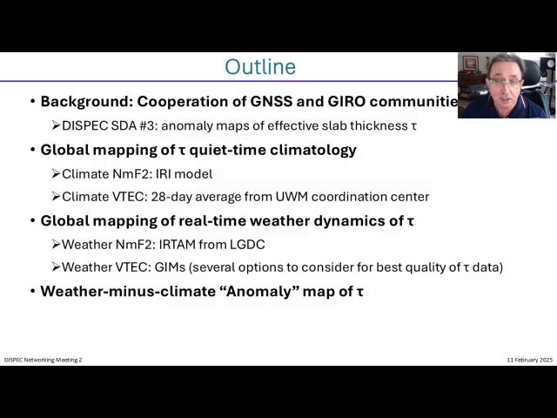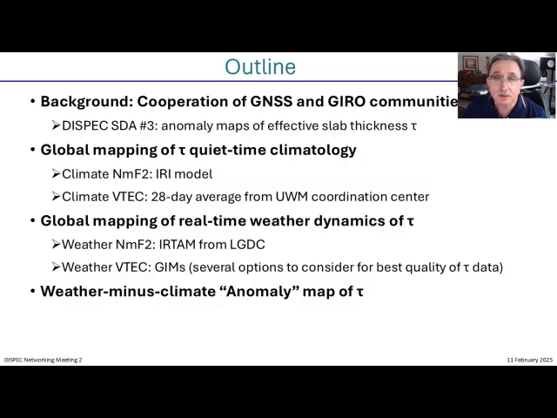obtained from IRI, International Reference Ionosphere Model, and Climate Vertical Total Electron Content, VTEC, a 28-day average VTEC, maps obtained from GNSS Ionospheric Product Coordination Center in Poland.